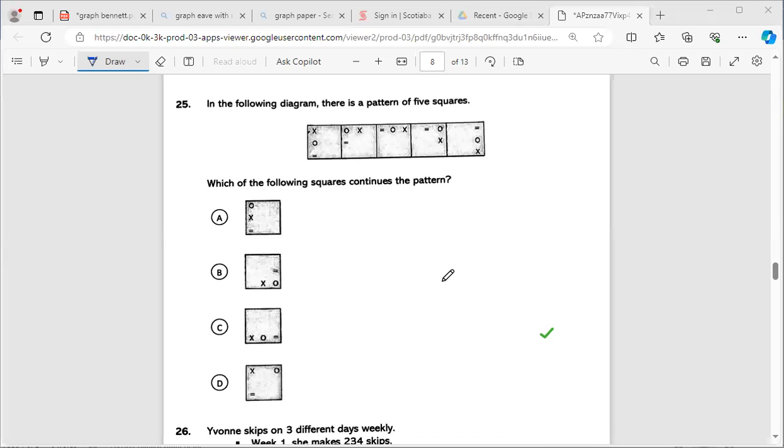Let me tell you how many persons in the WhatsApp now. 1, 2, 3, 4, 5, 6, 7, 8, 9, 10, 11. So guys, out of 20 persons, 11 got it correct.